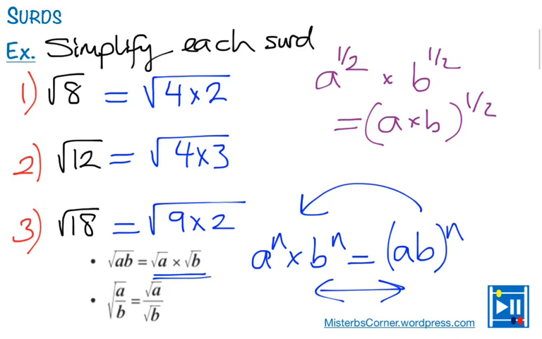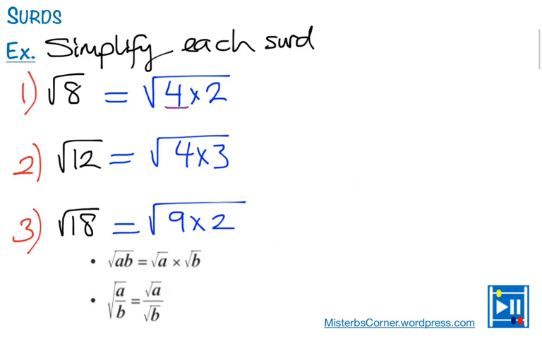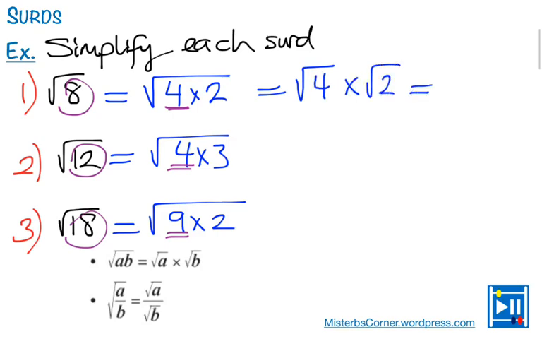Now, as I said before, we need a square number inside the square root, because that's how I'm going to simplify these numbers. For square root of 8, I have square root of 4 times 2, which would be square root of 4 times square root of 2, and then I can just take the square root of 4 and write 2. So that's going to be 2 times root 2.